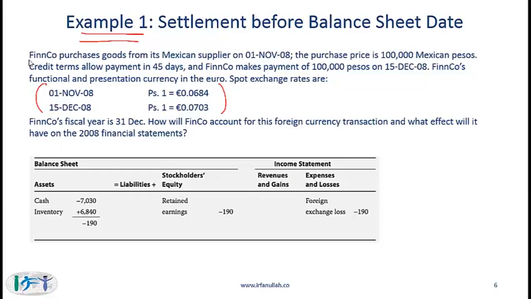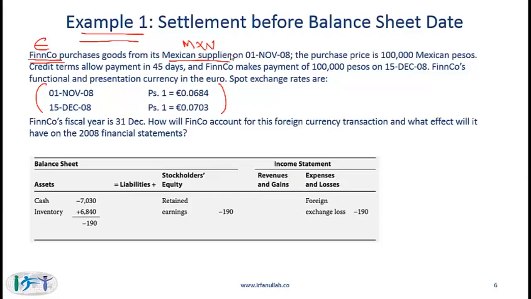Notice that our company, Finco, is based in Europe and the functional currency is the euro. The foreign currency in this context is the Mexican peso. And this is an import related transaction. So goods are being imported and a payment needs to be made in Mexican peso at a later point in time.